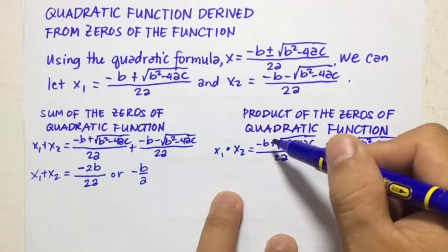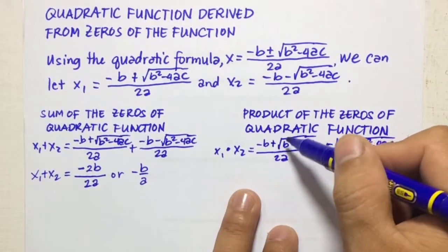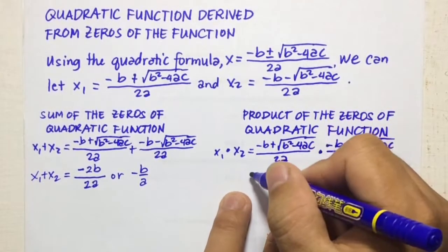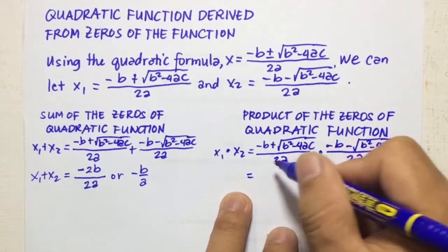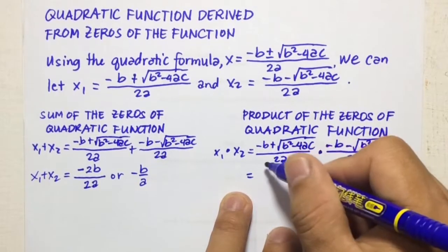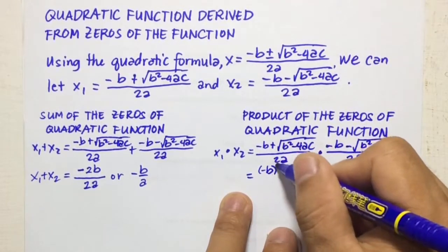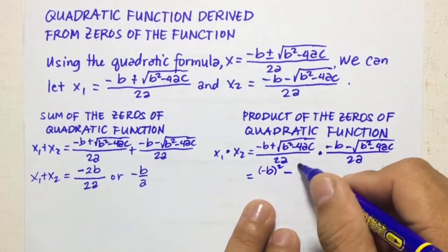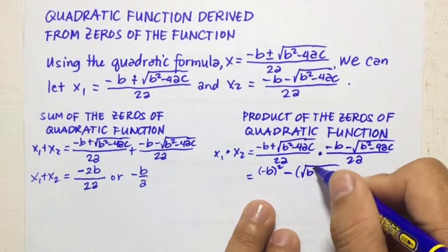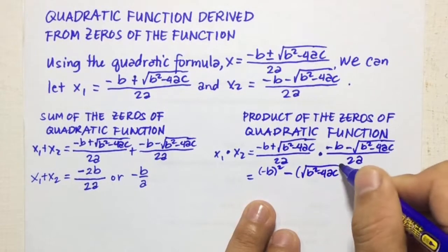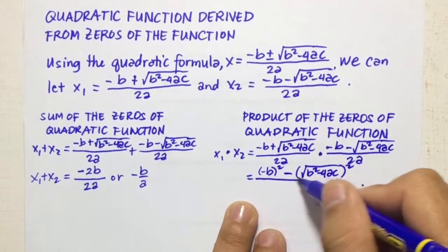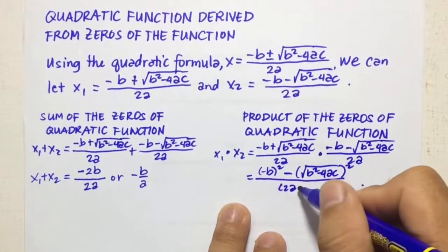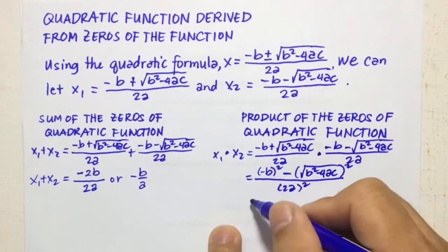Then in the numerator, this is just the product of the sum and difference of two terms. So we can just apply the special product. We have the square of the first term, negative b squared, minus the square of the second term, square root of b squared minus 4ac squared, over 2a times 2a, that will be 2a squared.